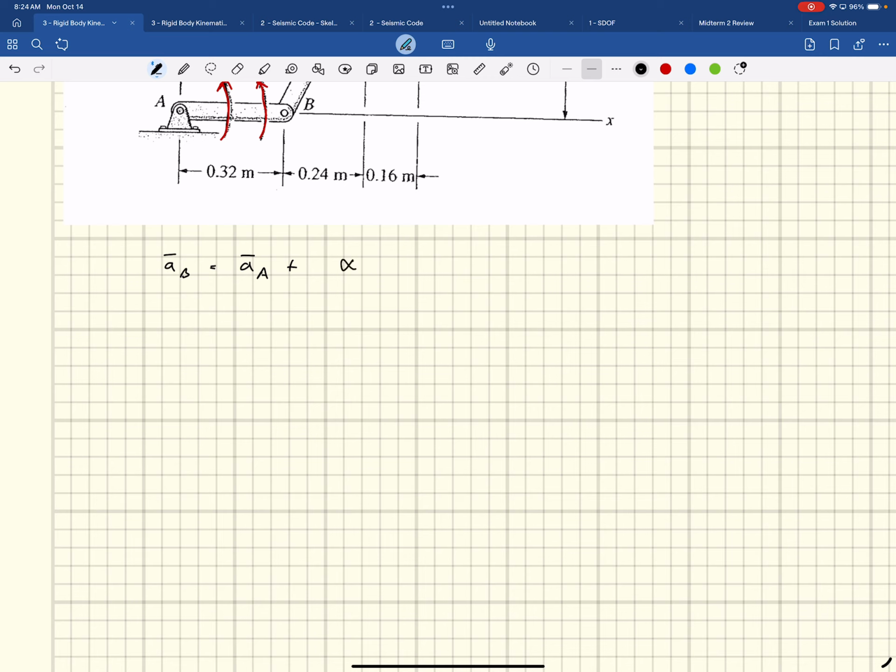Alpha AB crossed with R B seen from A, minus omega AB squared times R B seen from A. And here you have to be careful with your subscripts, because there are a couple of omegas and a couple of alphas floating around.